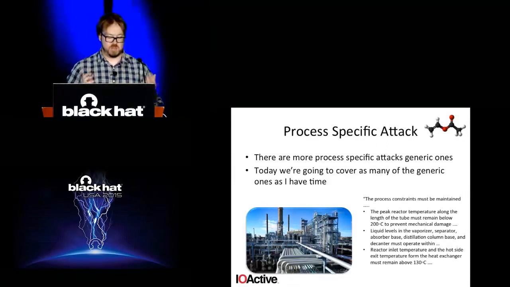It says the peak reactor temperature must remain below 200 degrees Celsius to prevent physical damage. That's something specific to the process. I just did one a little bit ago where they used some nasty acid, and if the nasty acid gets above 40 degrees Celsius, then bad stuff happens. They say it's not actually an explosion, but it's close enough that nobody else would care.